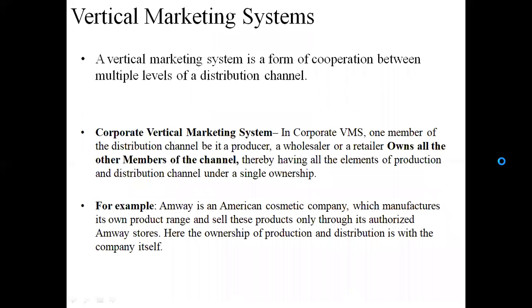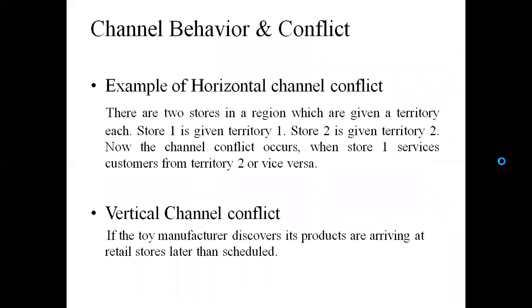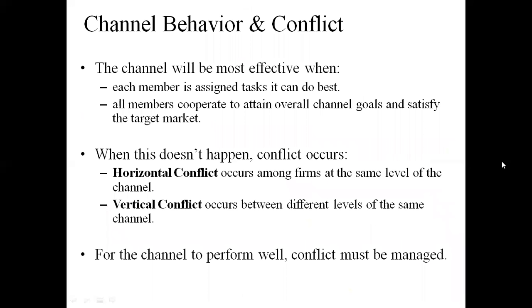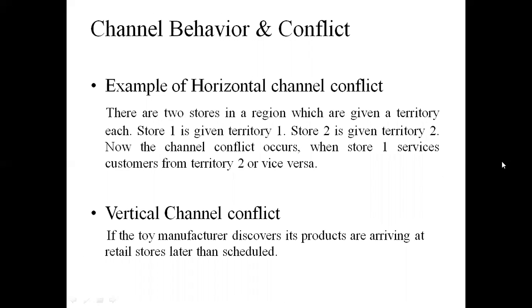We have learned today what channel conflict is, and types of conflict like horizontal and vertical conflict. Horizontal conflict happens between the same level of distribution channels, like retailers versus retailers in two different territories.